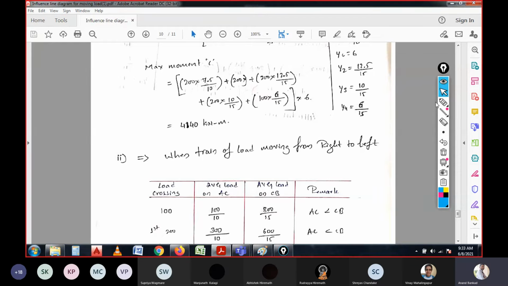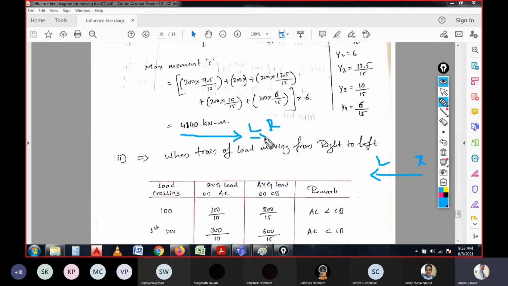Here the load is moving right to left, in this direction. In the previous problem, the load was moving left to right, and here it is right to left. It's moving in this manner.